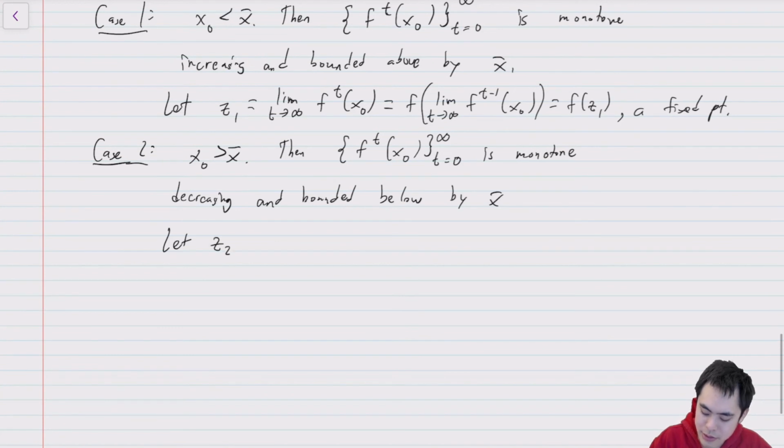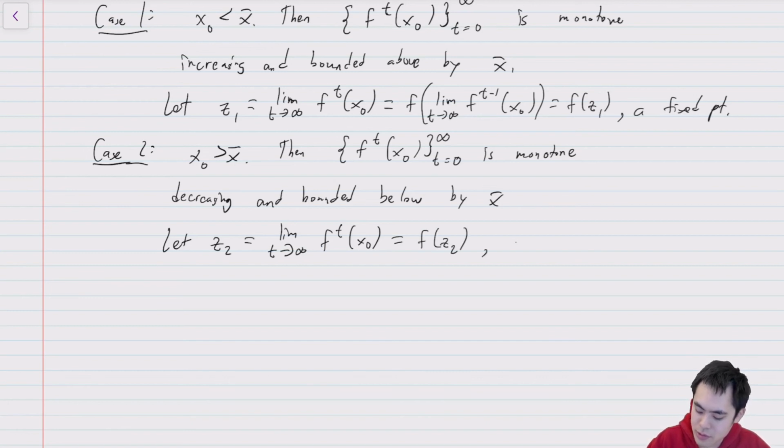And let's let this z2 be the limit for things starting above x bar. And that turns out to be equal to f of z2, so it's also a fixed point.